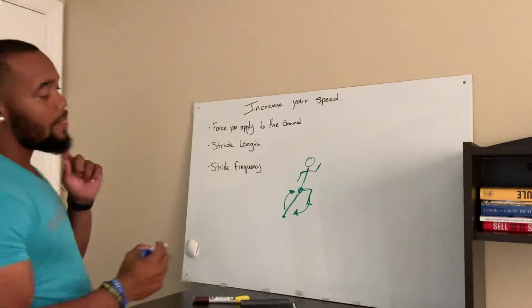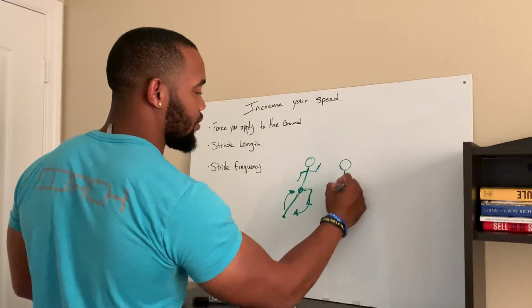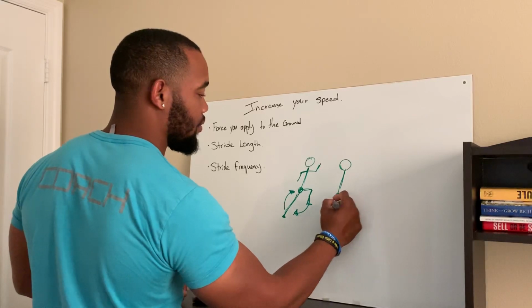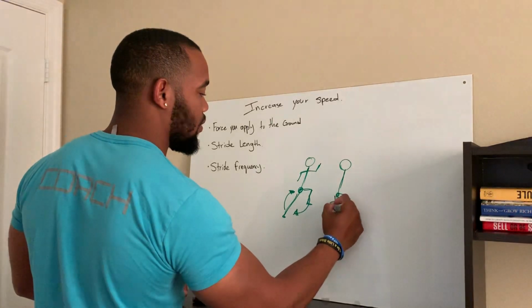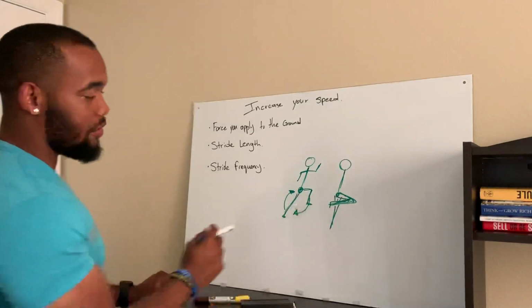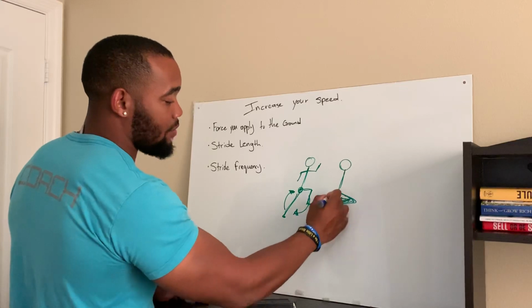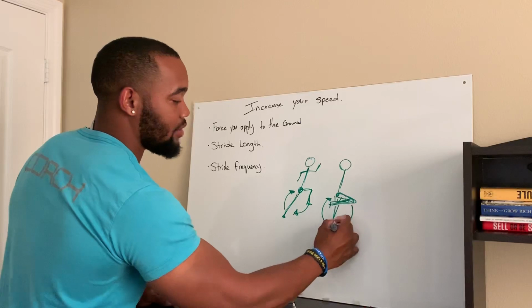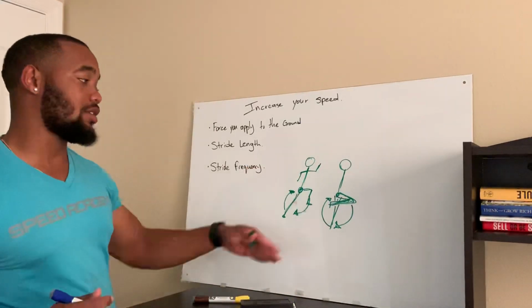So how you perform this movement, let me see if I could draw a proper diagram here. So say for example, this is the knee bend. What you want to do is as that leg is coming off the ground, it cycles right up under your glutes, right back into the ground and driving back down. So you have that perfect cycling motion.